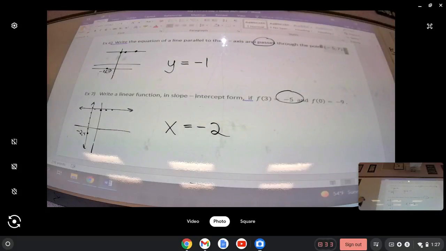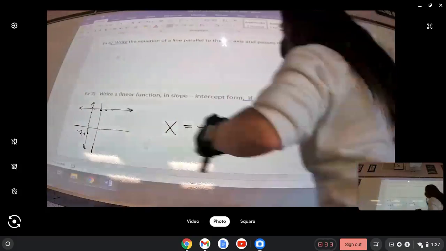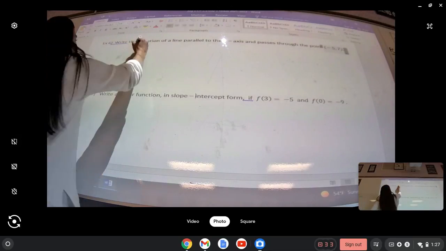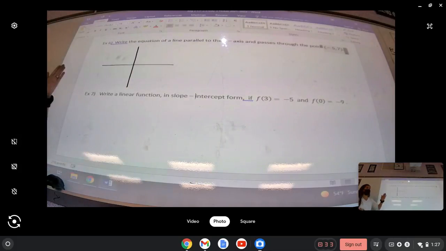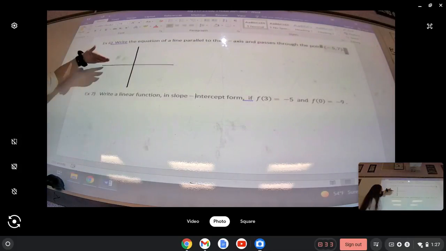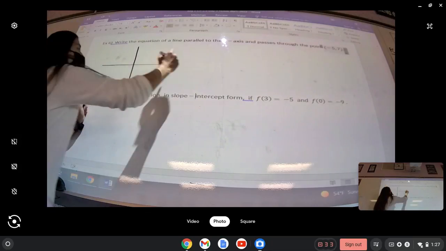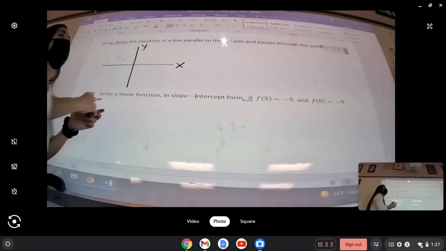All right, look at this one. Write the equation of a line that is parallel to the y-axis and passes through the point -5, 7. Guys, you have a coordinate plane. It is literally the intersection of two number lines. You have a horizontal number line that we call the x-axis, and you have a vertical number line that we call the y-axis.